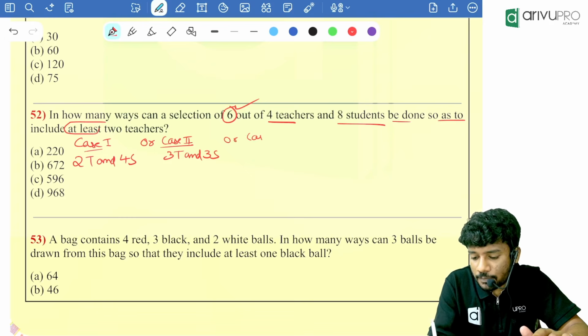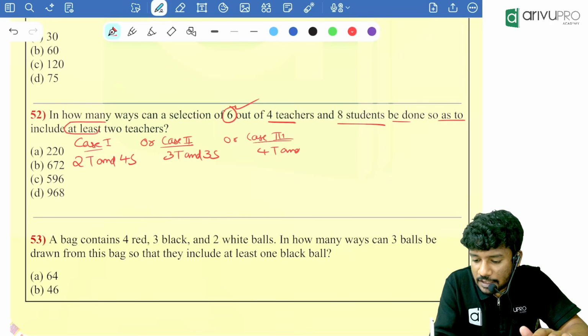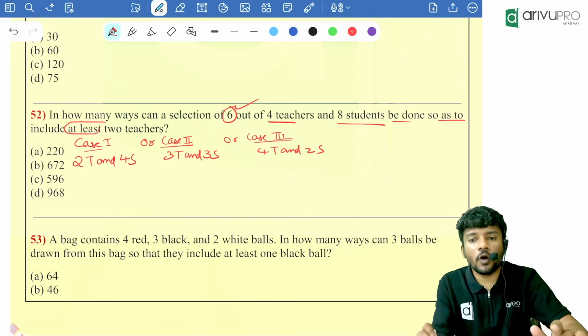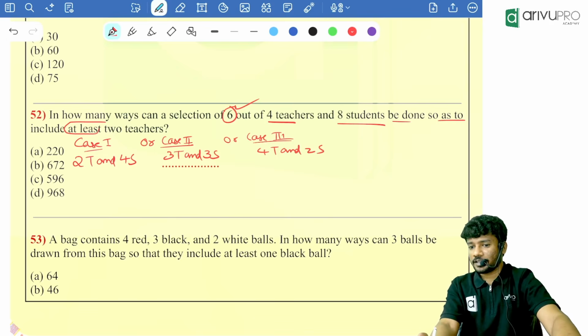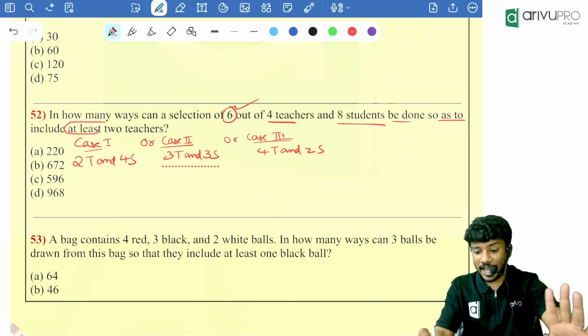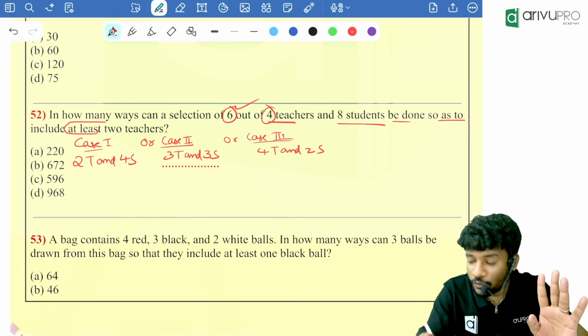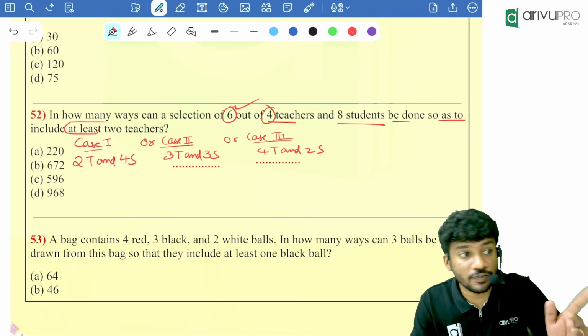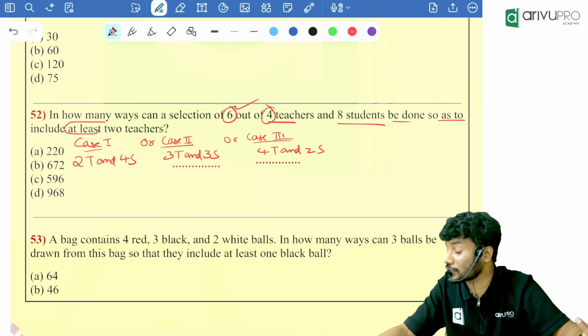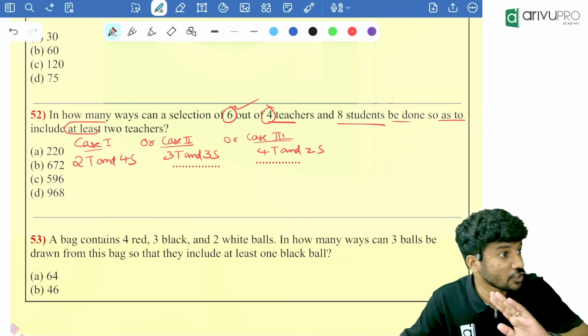Or case 3. How many teachers? 4 teachers and 2 students. Is anything else there? No. Why? Because the maximum number of teachers is 4. We can't choose 5 teachers and 1 student, because the 5th teacher is not there.